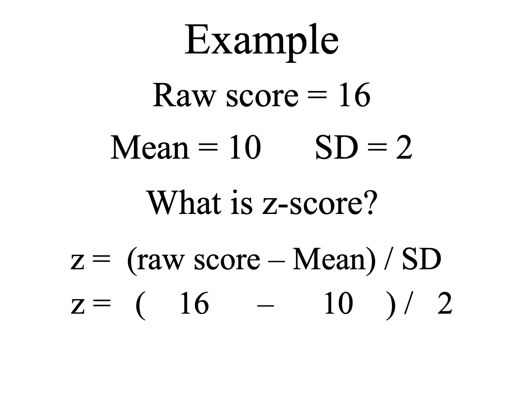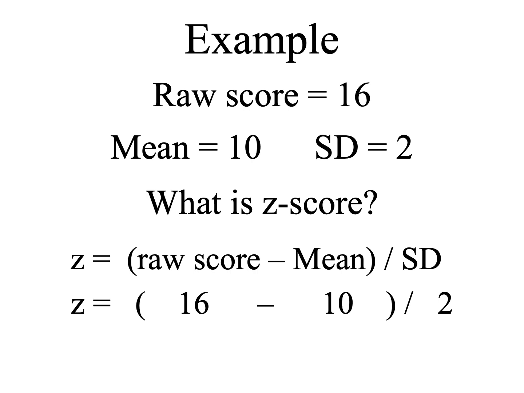First, we plug all numbers into the formula. His raw score is 16, so we plug it into the formula as the raw score. The mean of the class is 10, so we plug that into the formula as the mean. And the standard deviation of the class is 2, so we plug that into the formula.